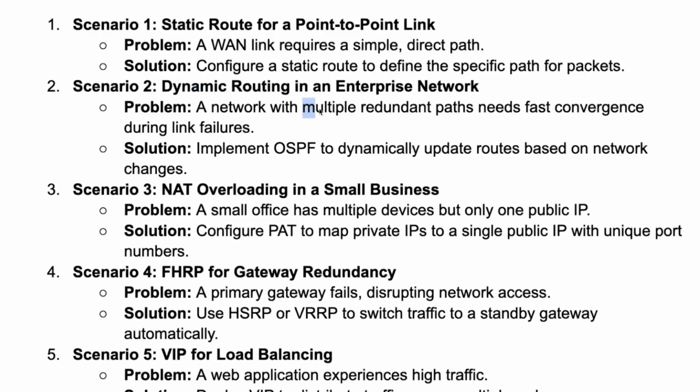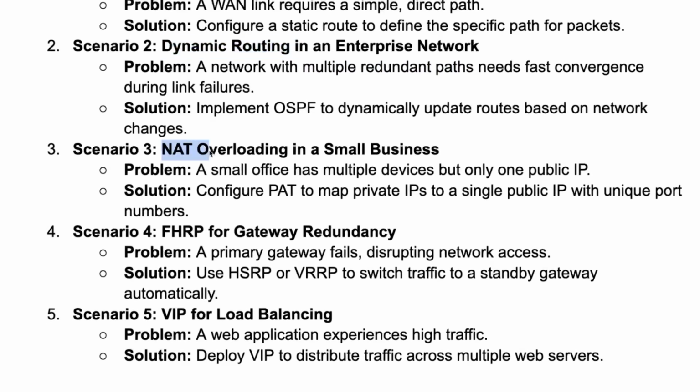So there's a network that has multiple redundant paths and it needs fast convergence during link failure. So you would implement Open Shortest Path First to dynamically update routes based on network changes, and that would be done for dynamic routing. And then to make sure that in case there's a link failure with any of the routers, there are multiple redundant paths available and they are dynamically chosen.